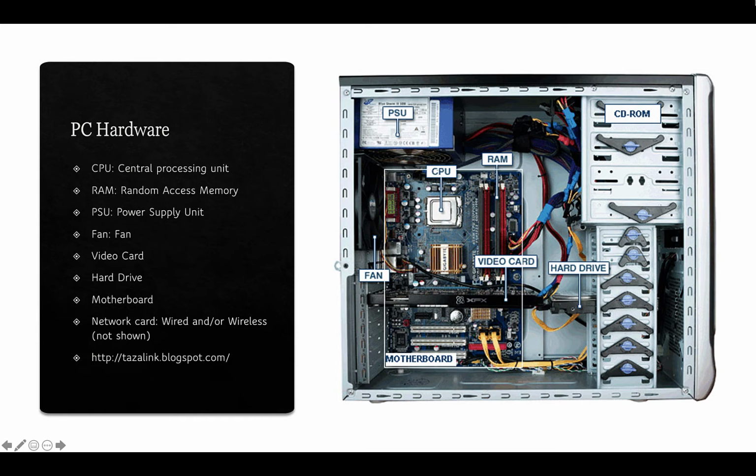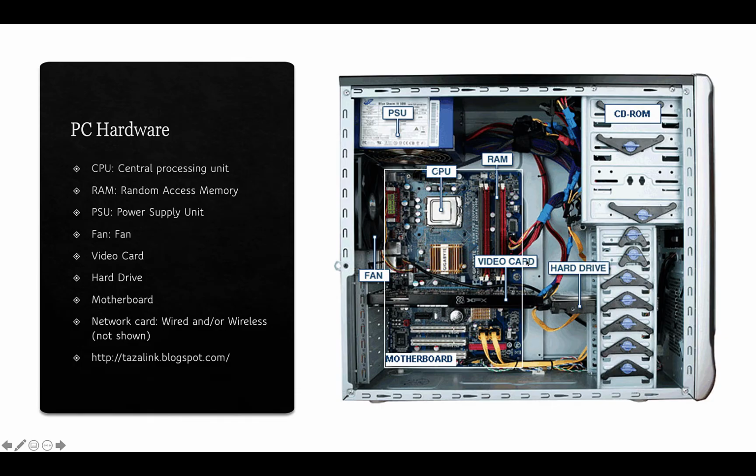This is an image of a typical PC and the various components in it. Starting at the top, we have a power supply unit, PSU. We have CD drives and potentially hard drives. Here is a hard drive here.